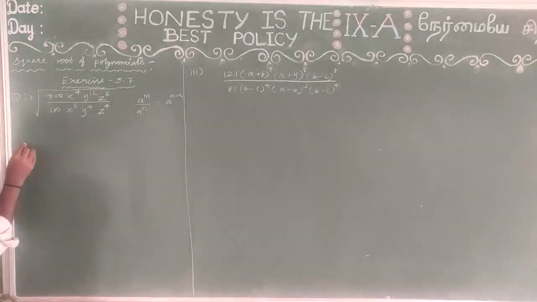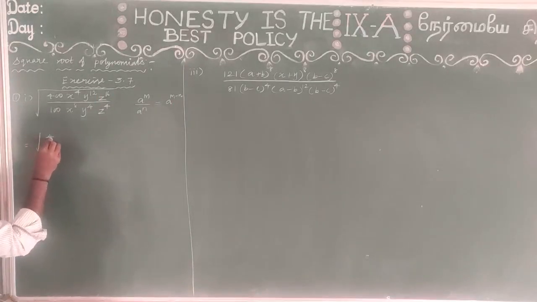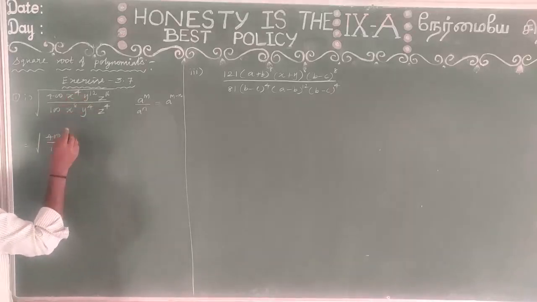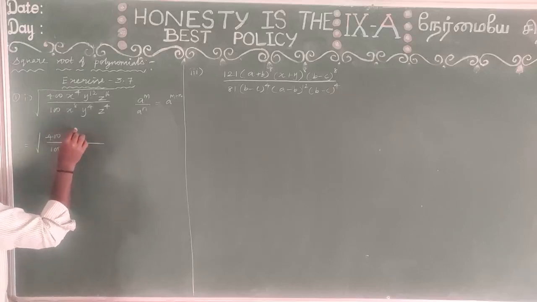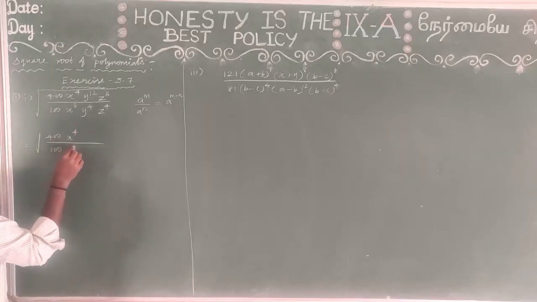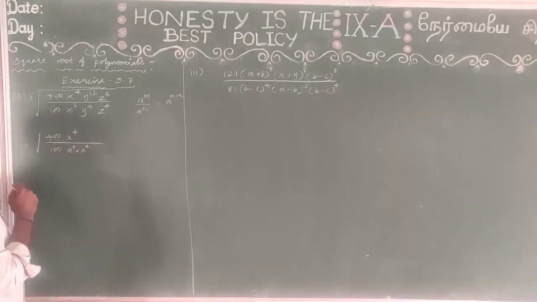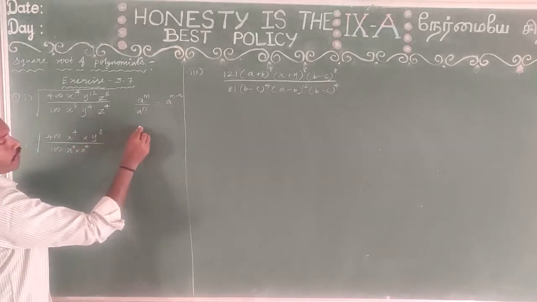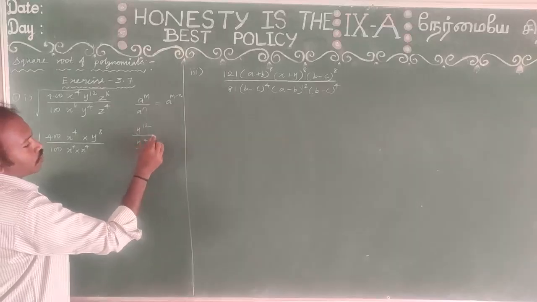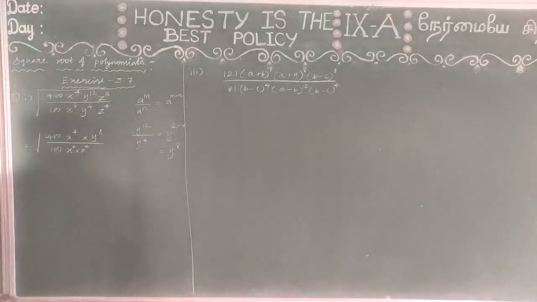Right. Here using this concept, that is root of 400 divided by 100 into x to the power 4 divided by x to the power 8. So x to the power 4 into x to the power 4 into x to the power 4 in the denominator is easy. Then y to the power 12 divided by y to the power 4 is equal to y to the power 12 minus 4, that is equal to y to the power 8.